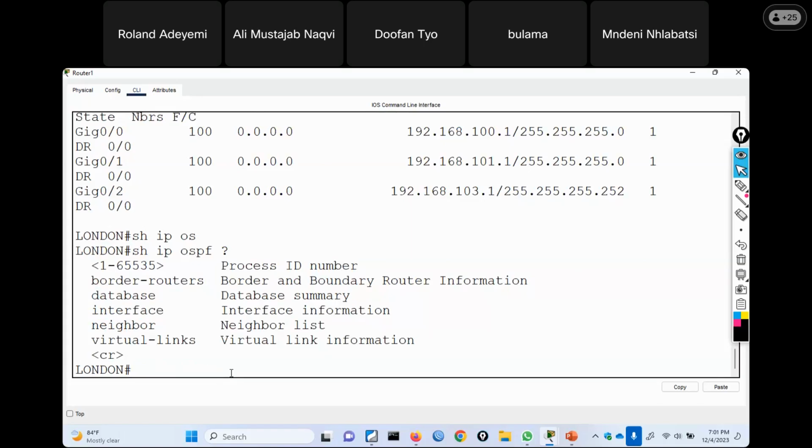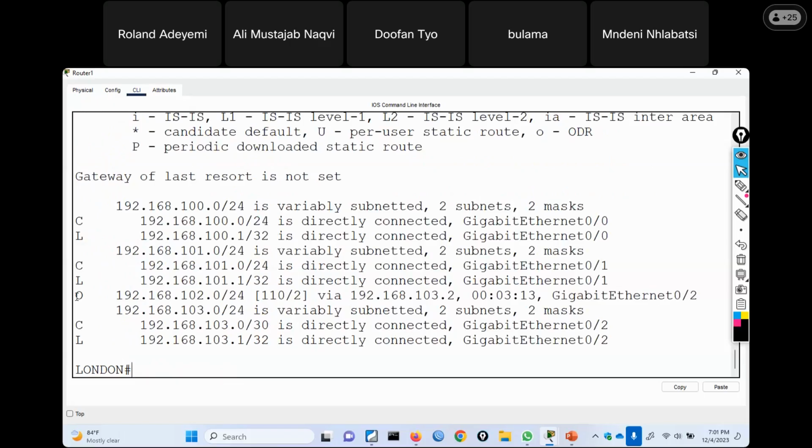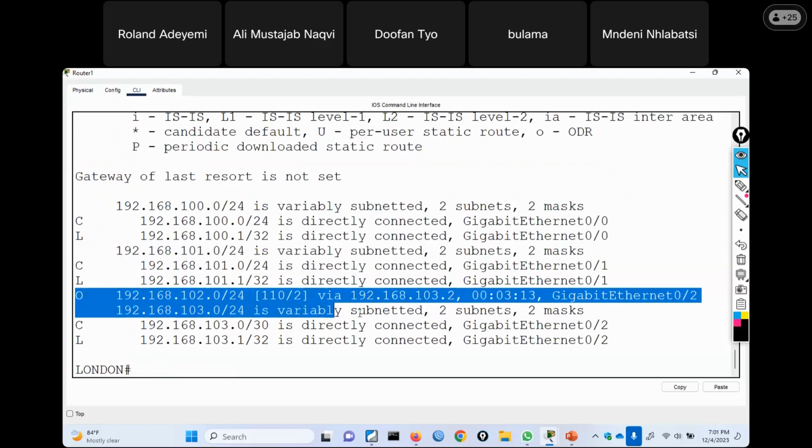London router, you have formed neighbor with the New York router. Can we find out the information you got? Show IP route. If you hit enter, you can see that the London router got information. How did it get this information?